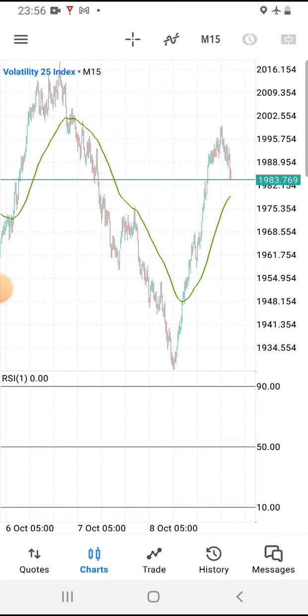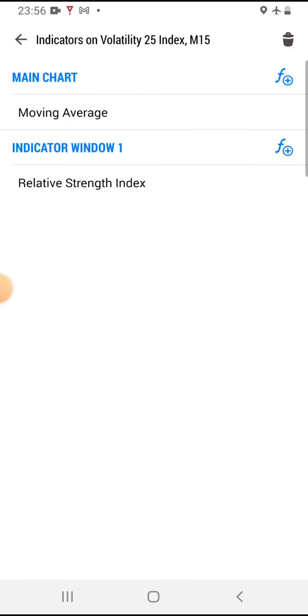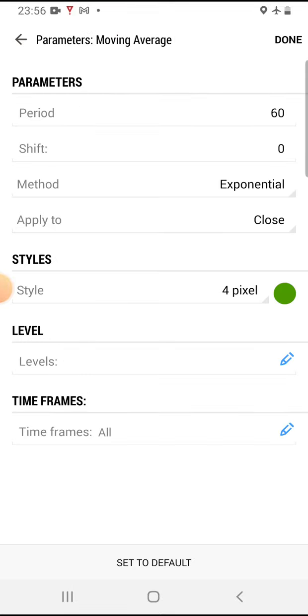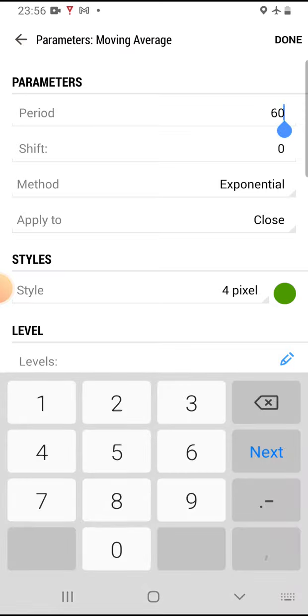Going back again to our indicators section. This time we want to install our strategies under our indicator window 1. So I'm going to click where it says indicator window 1, and we're going to add the moving average again. This time this moving average is going to have a period of 50. Everything else remains the same except this color.